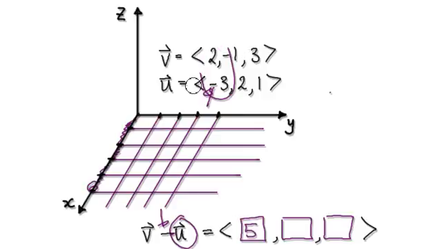And now, let me clear this up. And now look at the y direction. In the y direction, it will be minus 1, and then you minus 2. So it's going to be 1, 2.